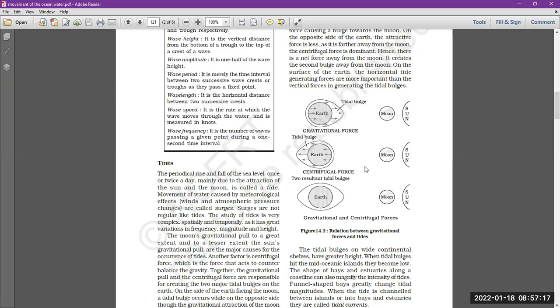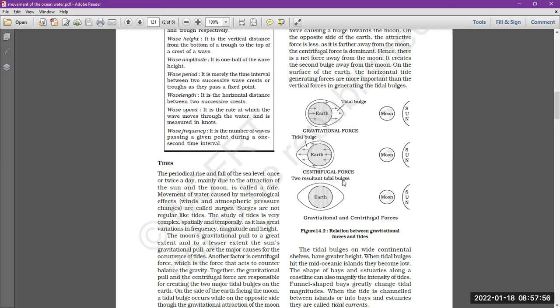Now look at the second picture. You can see there is a tidal bulge at the opposite side of the moon and sun. कि जो मून एंड सन जहां से फेस कर रहे हैं अर्थ को, उसके ऑपोजिट साइड में भी एक टाइडल बल्ज यू कैन सी, एंड दैट इज ड्यू टू द सेंट्रीफ्यूगल फोर्स. That is due to the centrifugal force, which we already discussed. The centrifugal force tends to move an object away from the center. तो ये तो अर्थ का सेंटर है, यहाँ ओशियनिक वाटर को अवे कर दिया, सेंटर से.